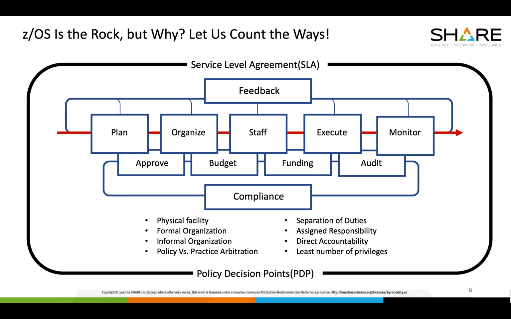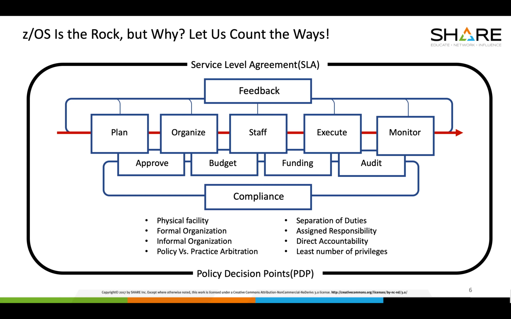The question becomes then, in an IT environment, how do we know that these standards that we need to put in place to support the compliance objectives of our product, whether those compliance objectives are placed on us by management or by industry or government regulation, how do we know that we're in compliance?